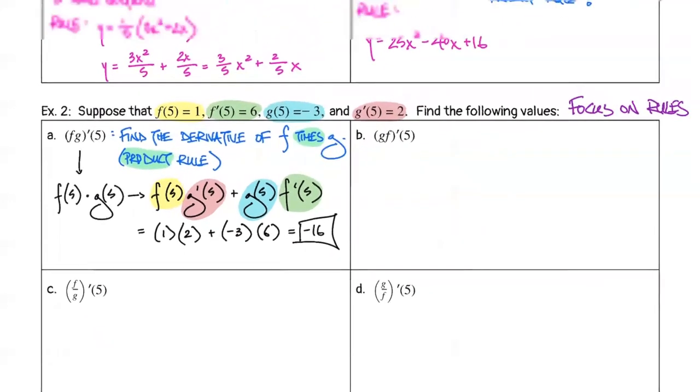Oh, okay. So just to reiterate, we identify we're multiplying f and g, and then we plug it into the product rule formula. Yes, that is exactly what we're doing. Okay.